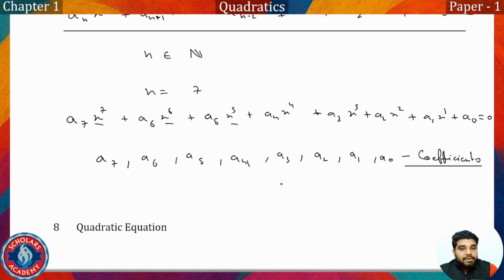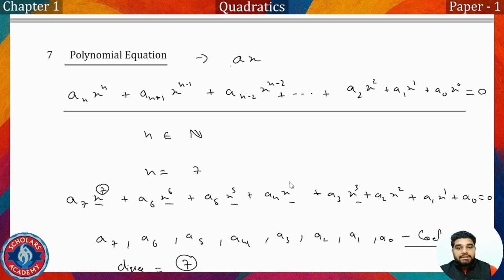We have a single variable x, but we have powers of x. So the highest power of x in a polynomial equation is known as the degree, as I already told you about this. So the degree of this particular polynomial equation is 7. Okay, this is a polynomial equation.